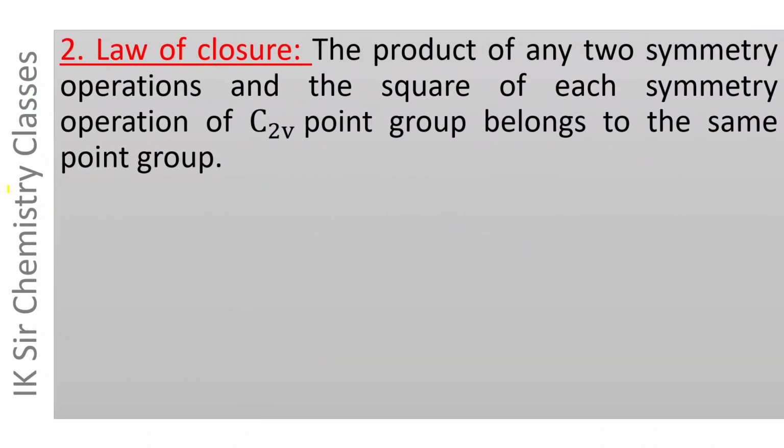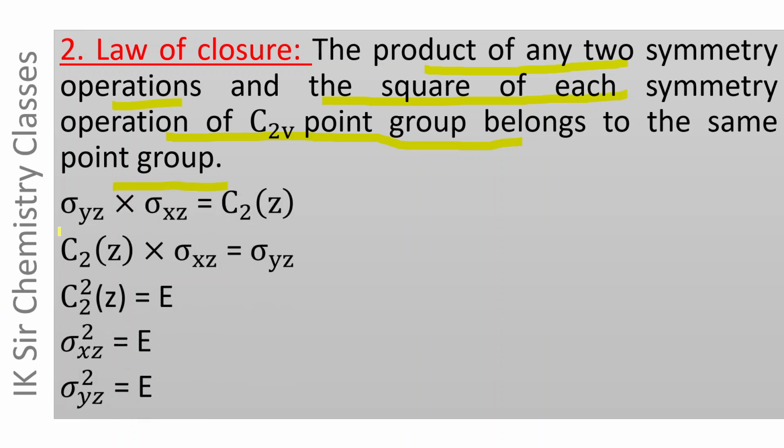The another law is law of closure. The product of any two symmetry operations and the square of each symmetry operation of C2V point group belongs to the same point group, such as sigma yz multiplied by sigma xz is equal to C2z, which belongs to C2V point group. C2z multiplied by sigma xz is equal to sigma yz, which again belongs to C2V point group.